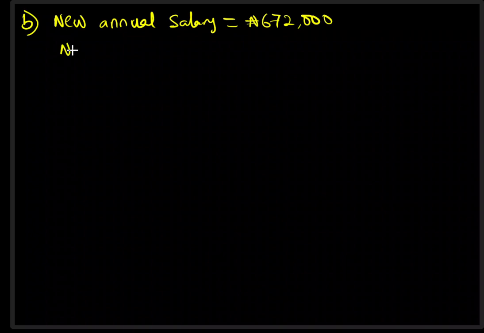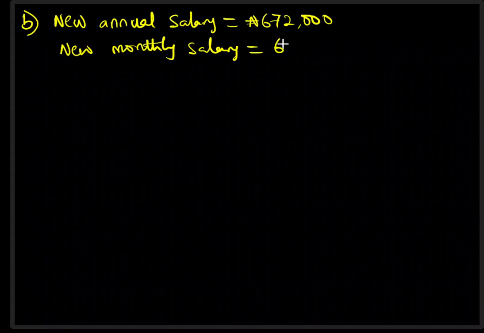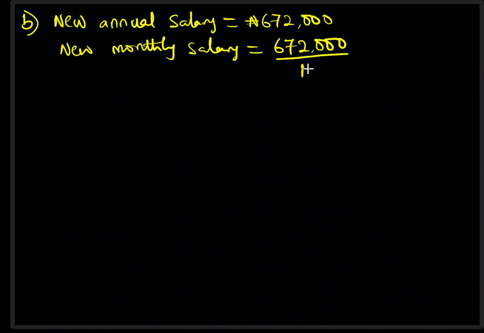Now his new monthly salary will be equal to the new annual salary, which is 672,000, divided by 12. Remember, 12 months makes 1 year, and annual means a year. So new monthly means you are breaking it down into 12 and dividing by 12.